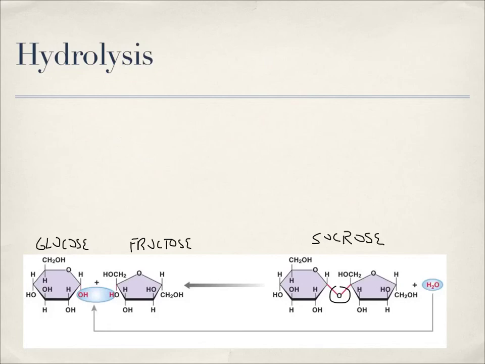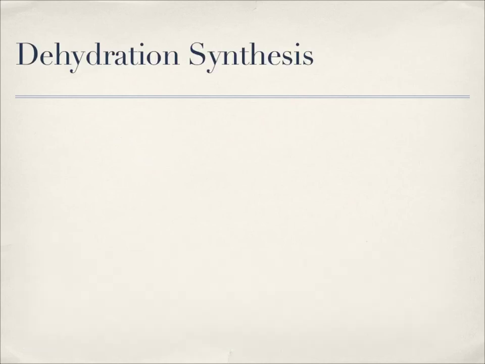So that is hydrolysis. The other version is dehydration synthesis. Dehydration means remove water, and synthesize means to make. So in this case, again, I could use my A and B example.